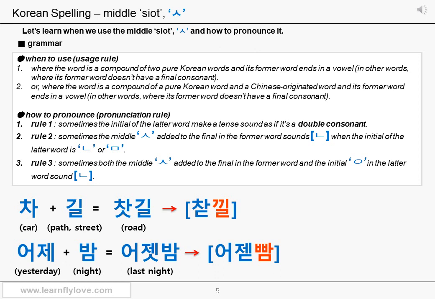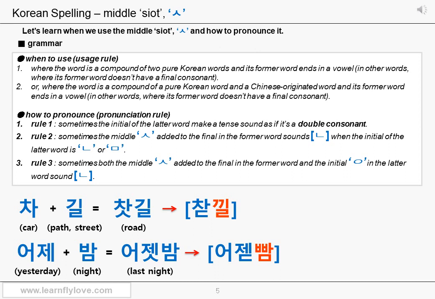Or where the word is a compound of one pure Korean word and one Chinese-originated word and its former word ends in a vowel. Whichever comes first. What do you think? What did I tell you? You wouldn't be able to apply this rule in reality. Let's quickly check out the examples and move on.